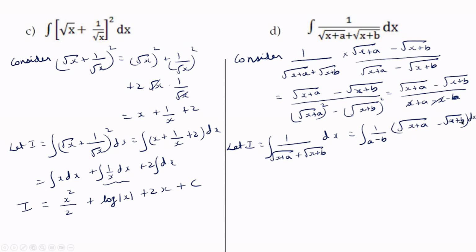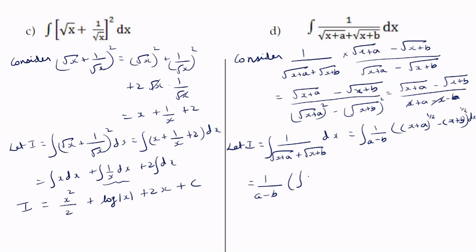Now we can integrate this easily. So 1 by a minus b is common, we can take it outside. Here root of x plus a is nothing but it is x plus a the whole raised to half. And root x plus b is x plus b the whole raised to half.